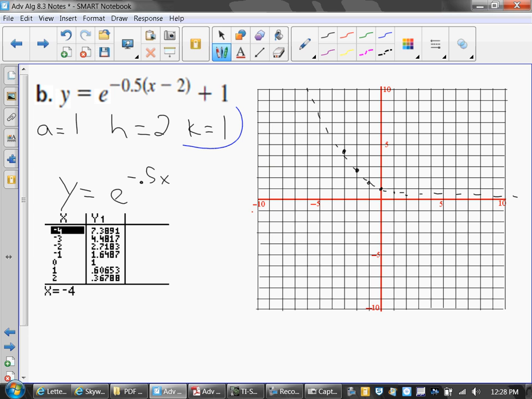Your new asymptote is always at your value of k. And now with all of these points, what am I going to do to them? Shift them to the right because h is positive, and up 1. Over 2, up 1. Over 2, up 1. Over 2, up 1. Over 2, up 1. And so on. What is your domain?